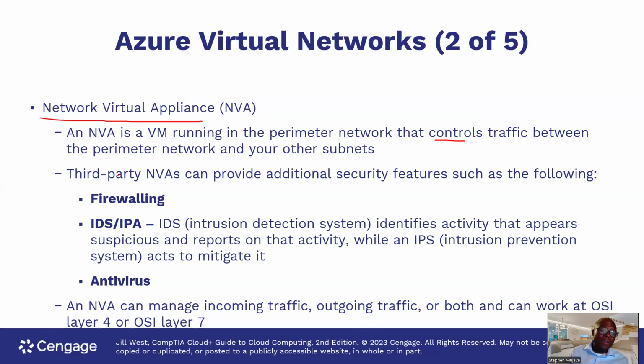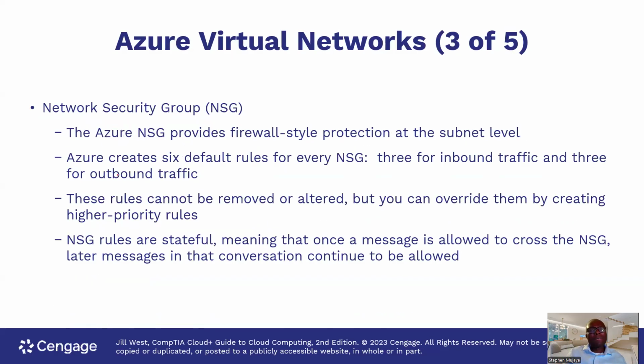With the Network Virtual Appliance, let me also point out that it can manage traffic as it comes into the network or as it is outgoing, and it can work at layer number 4 of the OSI model and layer number 7. At layer number 4, it's going to be looking at port numbers. So it can allow or deny traffic based on port numbers or services. Those protocols, is it UDP, TCP, which port number does it belong to?